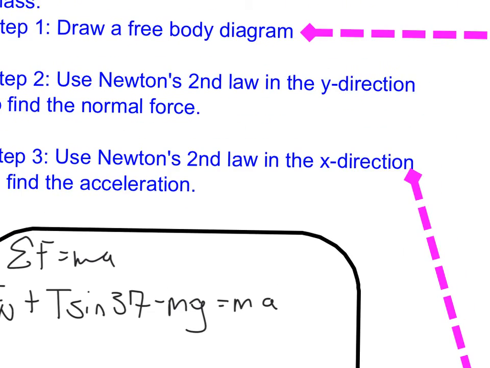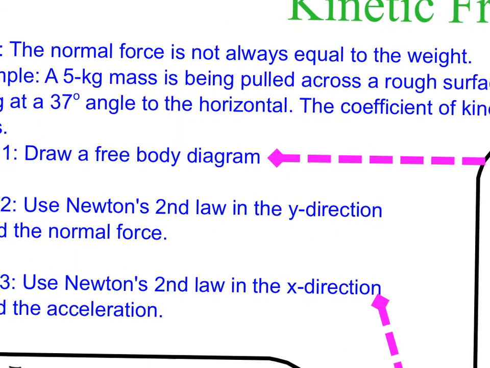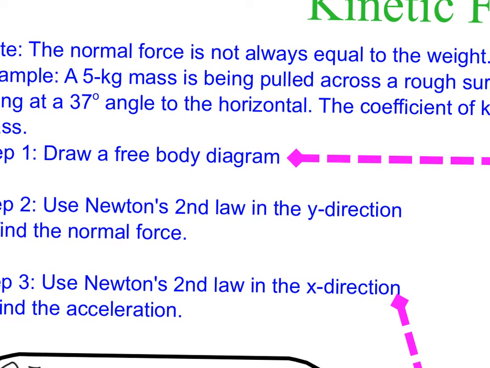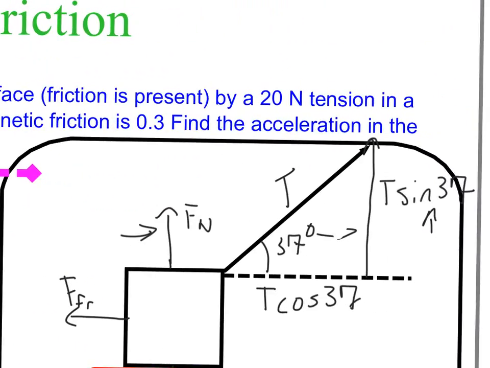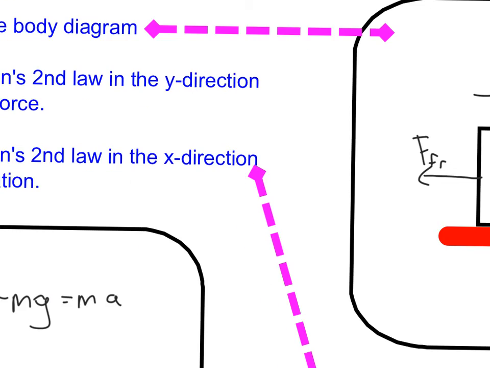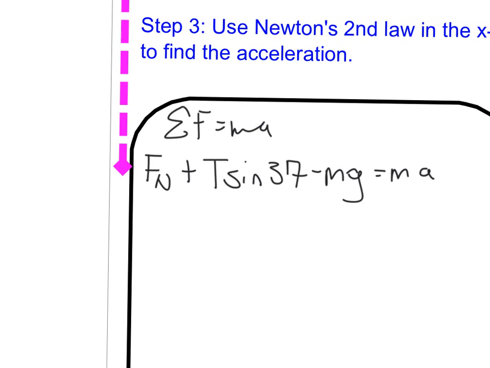Now I'm going to go back up into my problem and see what variables it's given me. I've got 5 kilograms, so that's my mass, and I've got a 20 newton tension. So my tension is 20 newtons, so 20 sine 37.